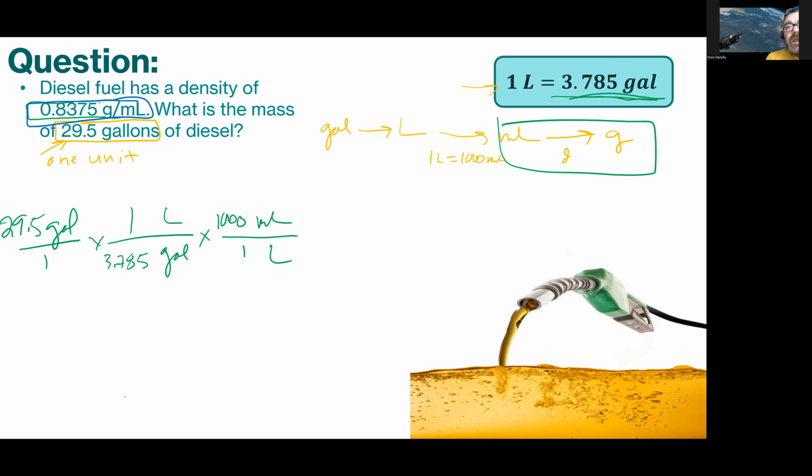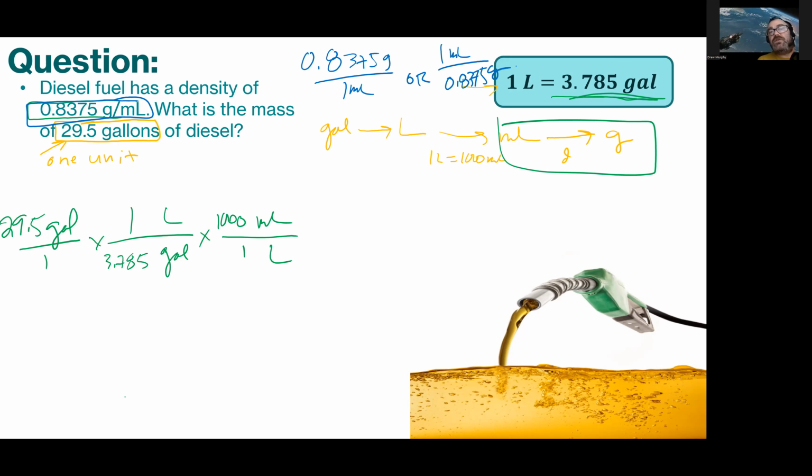It could be 0.8375 grams over 1 milliliter, or it could be the other way around and say 1 milliliter over 0.8375 grams. Both of those will get the job done.